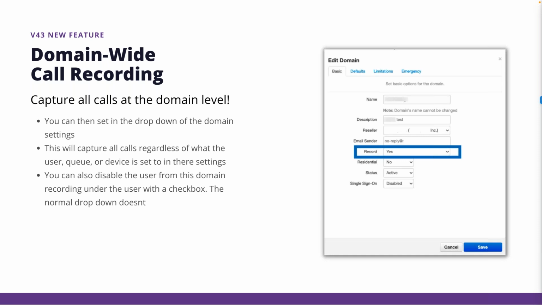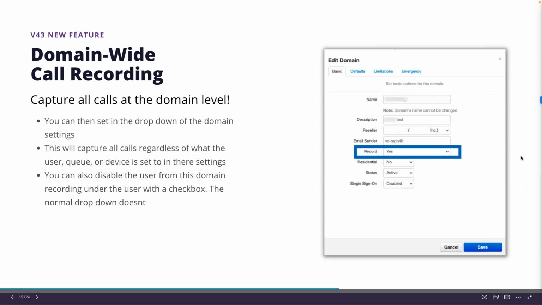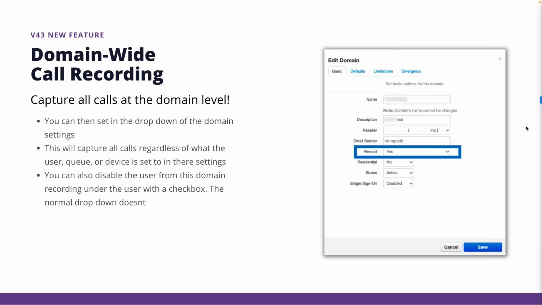There is a checkbox though to hide the recording for users if that needs to be done still, but it's no longer a drop down box, because that gets grayed out with this feature. Again, regardless of the user settings or call queue, this would be set and good to go. Pretty easy setting, obviously. It's a yes or no under the basic drop down, so pretty self-explanatory.